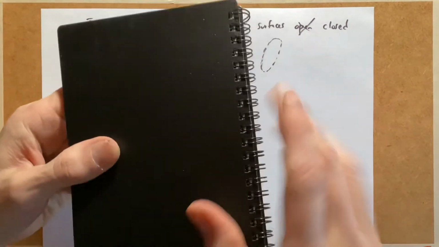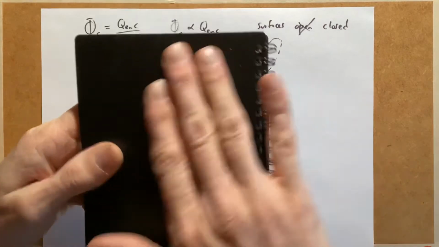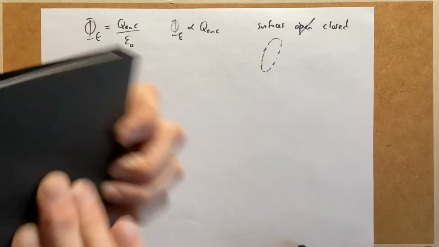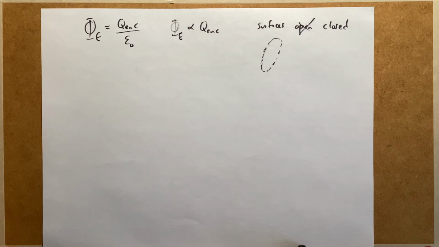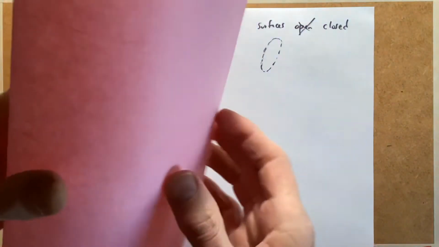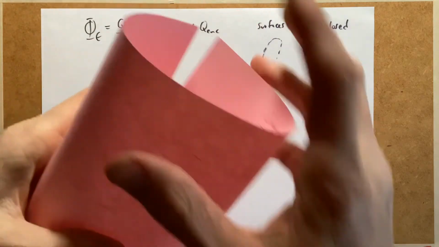This is a rectangle instead of a circle, but this side was open to the environment, and so is this. But now we're going to imagine that we have a closed surface. A closed surface is one where you take the surface, and as best as I can, I'll go like this, and I'll close it up.